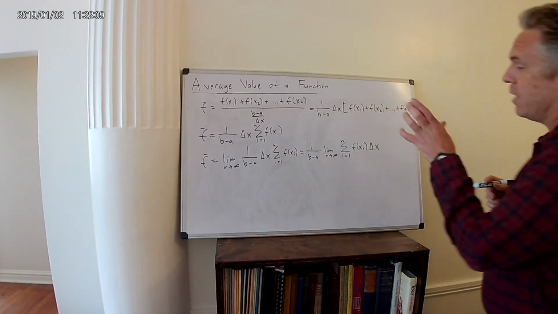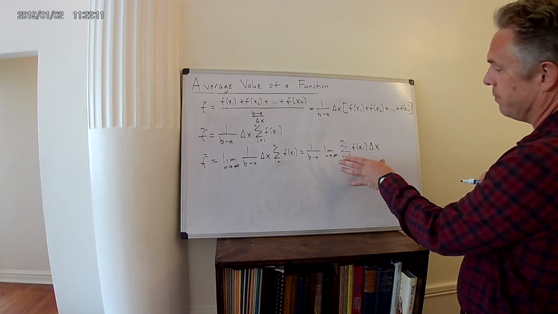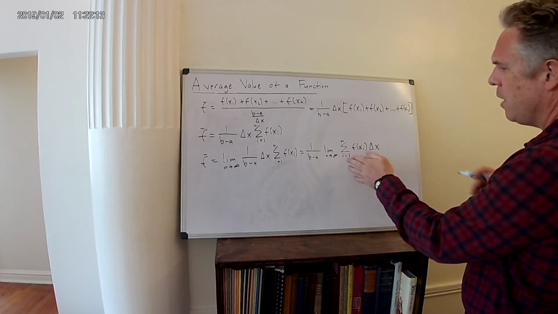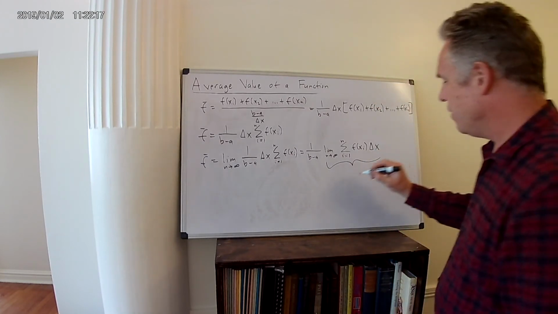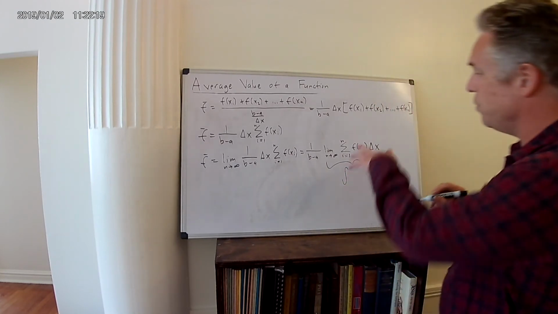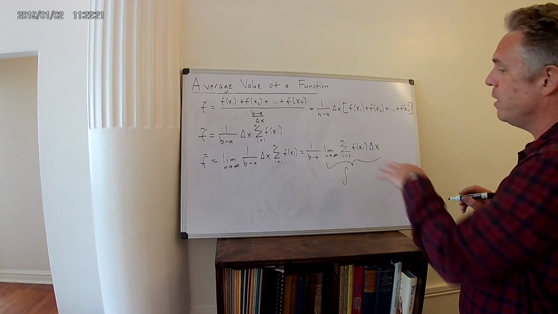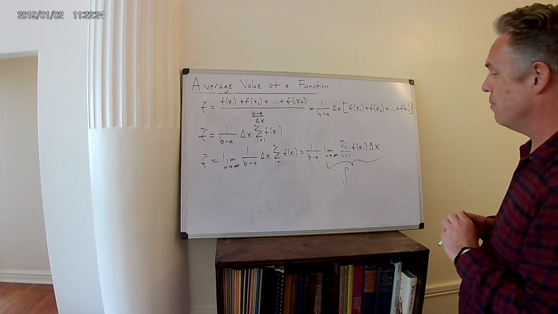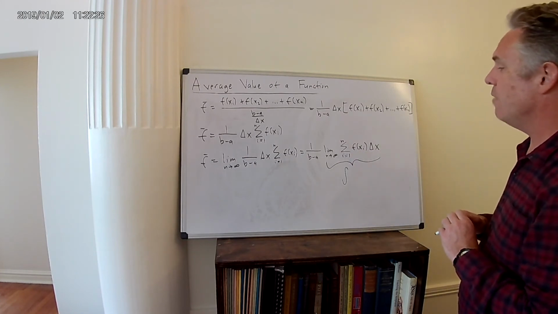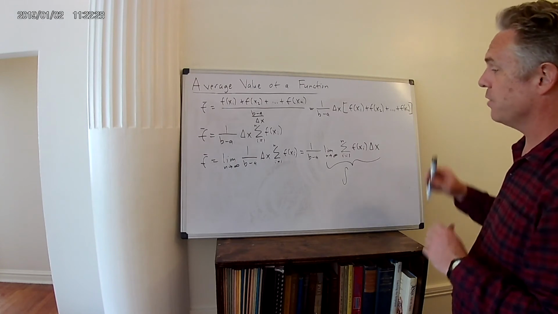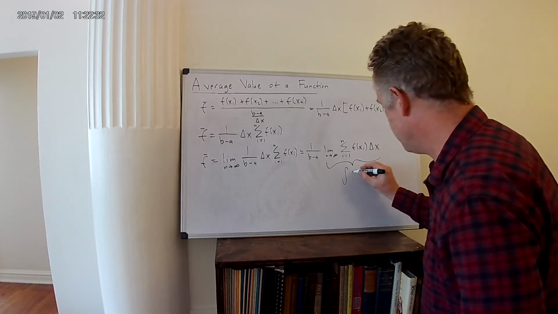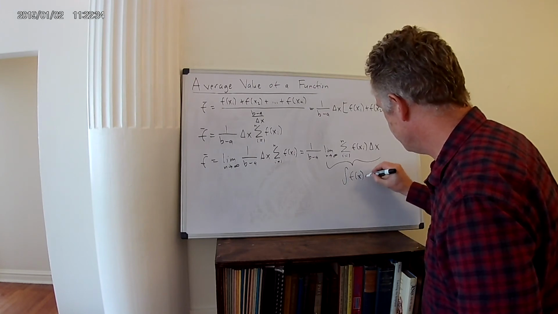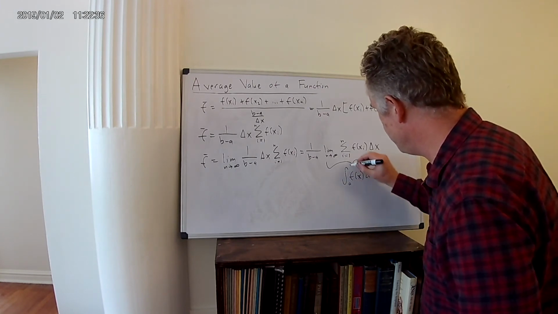Now let me observe that what I have right here, you have seen before. This is simply the integral. The limit as n approaches infinity of the sum from i equals 1 to n of f of x sub i times delta x is simply the integral of f of x dx from a to b.